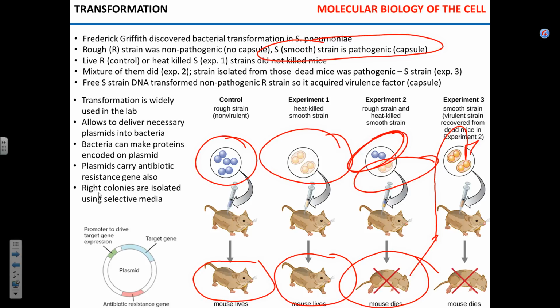So you can show it this way. If you have the non-pathogenic rough strain, and you have the heat-inactivated smooth strain, I'm going to put the circle around it so it says heat inactivated, dead. Does that make sense? And you mix them, and the result is perfectly live pathogenic S strain of the strep.